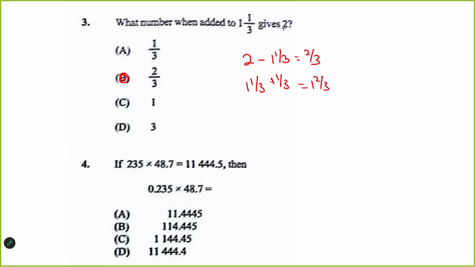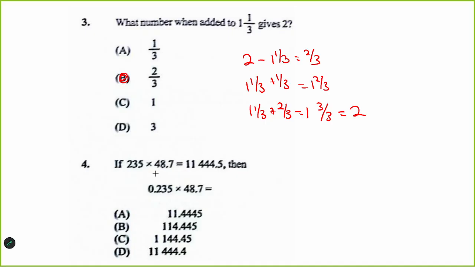We don't want that, we want 2. Then you say 1 and 1/3 plus 2/3 will give you, that's 1, 1 plus 2 is 3, 3 over 3, so that is 2. Right? And that's how you would do a question. Because we already have the answers, you could use the answers to find out what is wrong or correct.